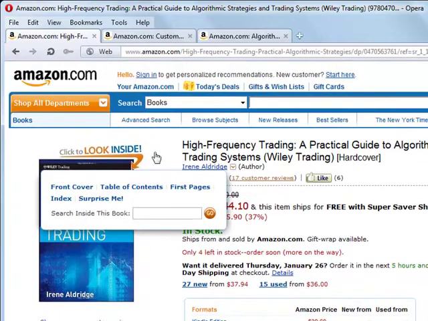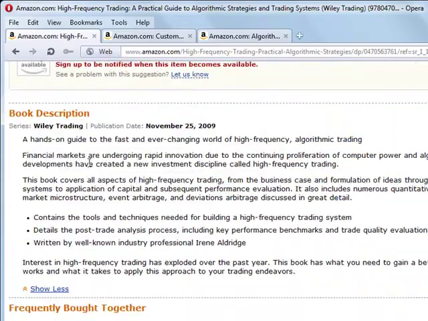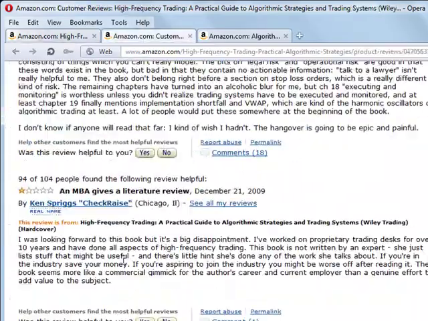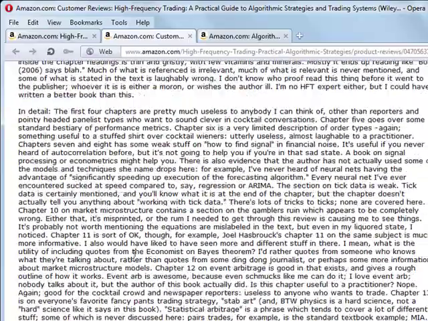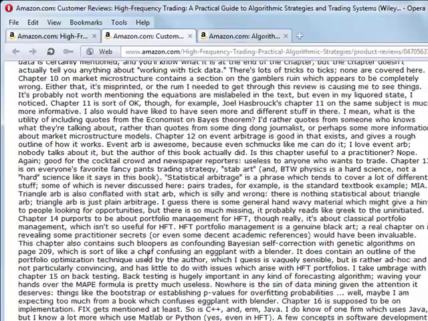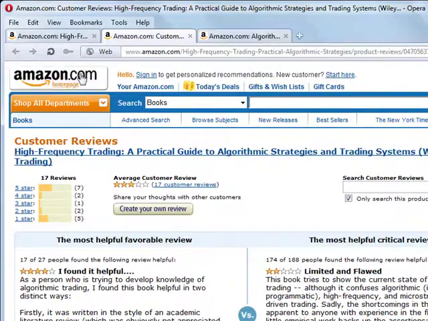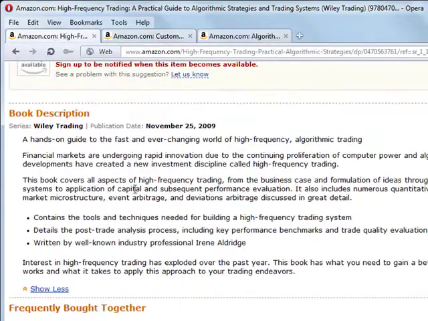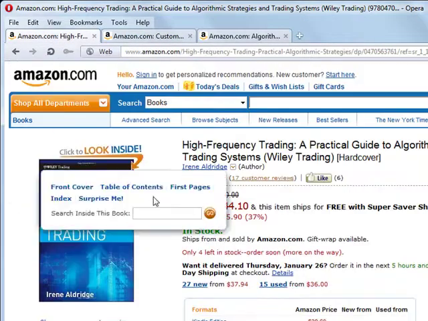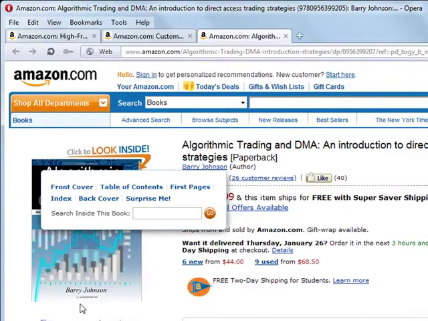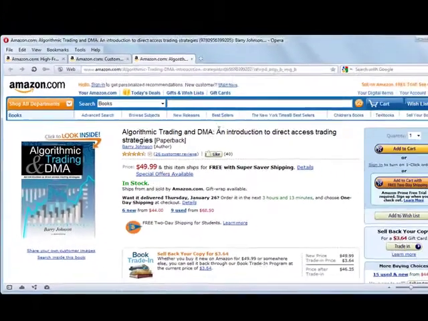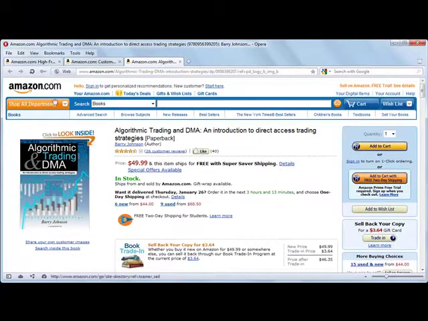As I said, the criticisms from the more advanced practitioners might have some legitimacy, but again, coming from a newbie's point of view, this might be a good book to go with, as well as the Barry Johnson one on algorithmic trading and DMA, which I reviewed a while back.